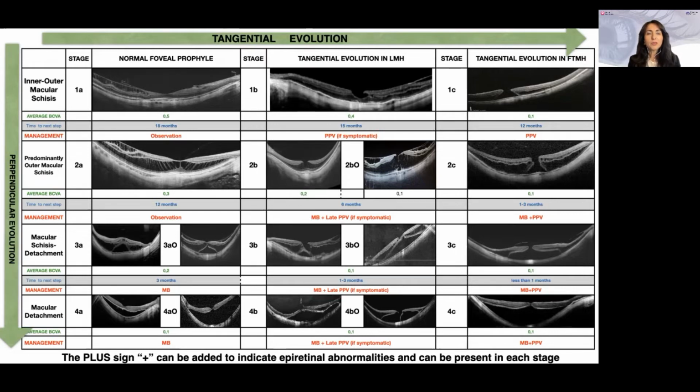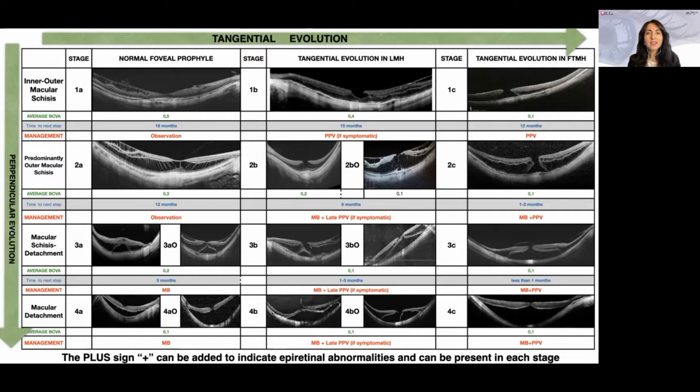In particular, please observe that under each standard photograph, I have added in green the average visual acuity that you can encounter when you visit a patient, although you know that visual acuity is influenced also by the anterior media and the entity of atrophy that the patient might have.